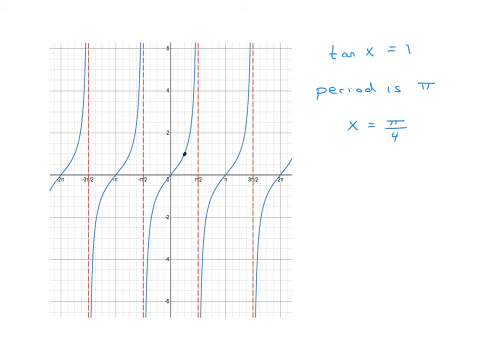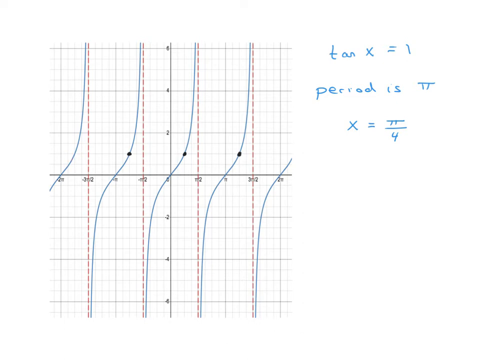Are there other solutions? The answer is, yeah, there's infinitely many solutions to this equation. What you can note is, if you add pi, you get another solution, this one. If you subtract pi, then you get this solution here. In fact, you can add pi twice or subtract it twice.